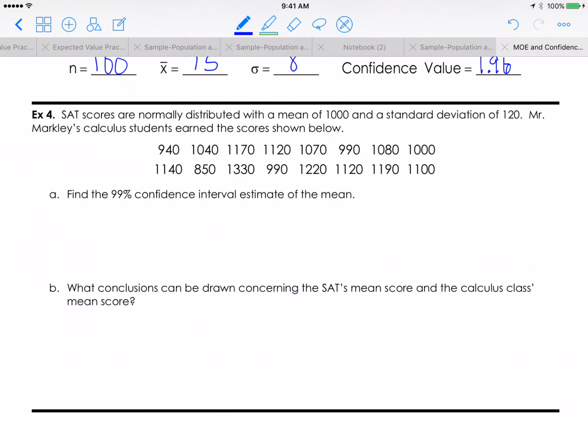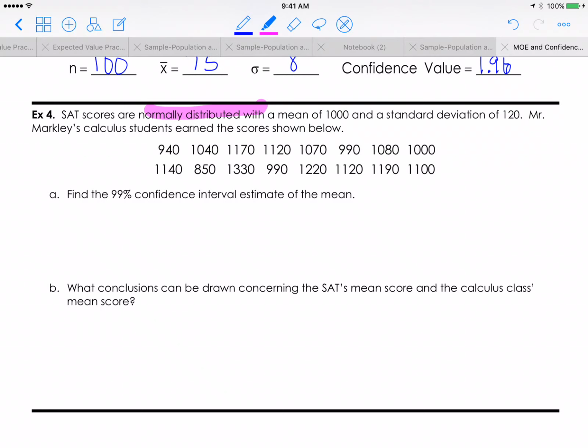Because it says it is normally distributed, can we assume that the mean of this and the mean of the sample are the same? Maybe, but the thing is here we have the samples. So we can actually find out what the sample mean is.